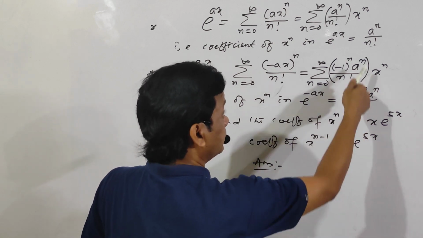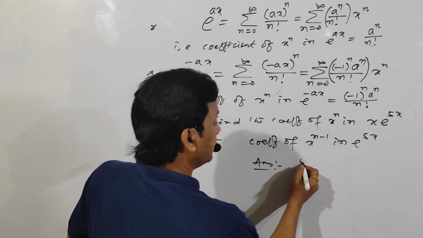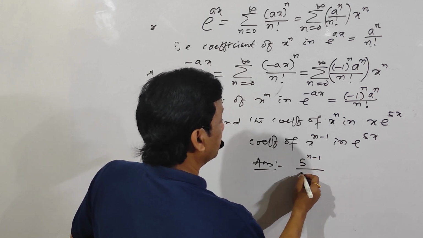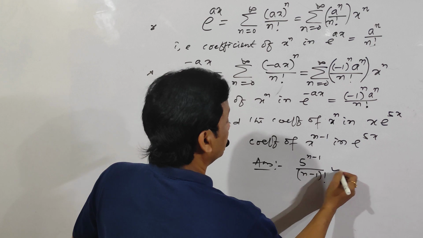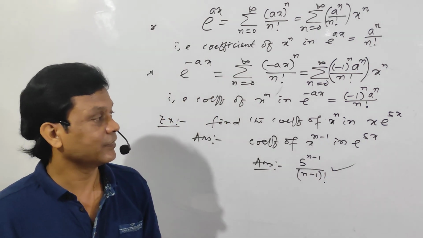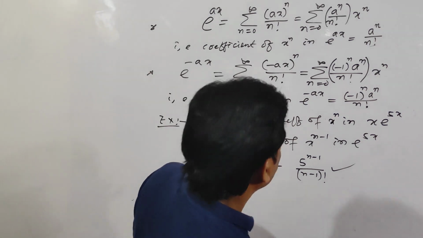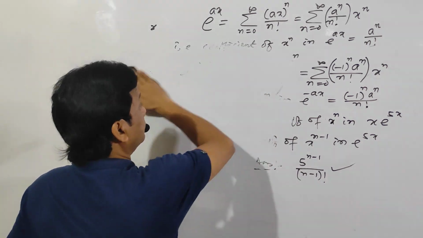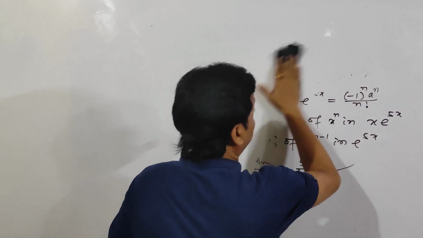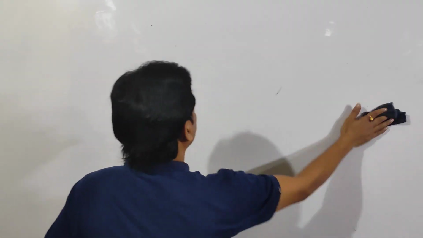This one is the first formula, a to the n, where a is 5: 5 to the n minus 1 by n minus 1 factorial. So this is the answer. Clear? So now you can find out the coefficient of any power of x in an exponential series.